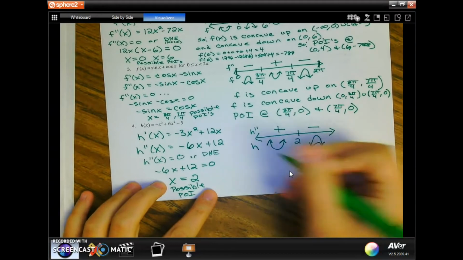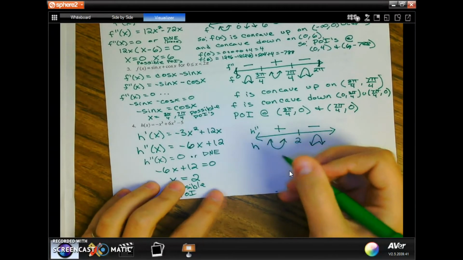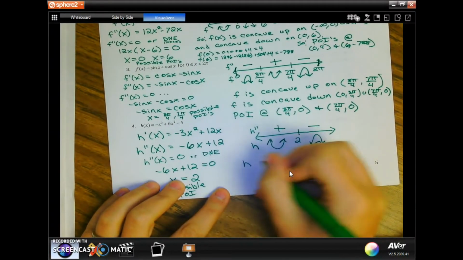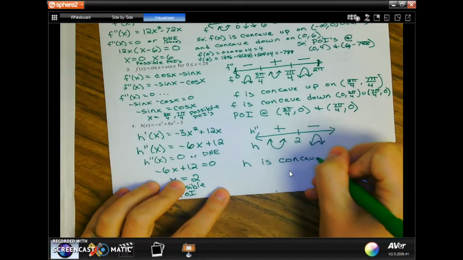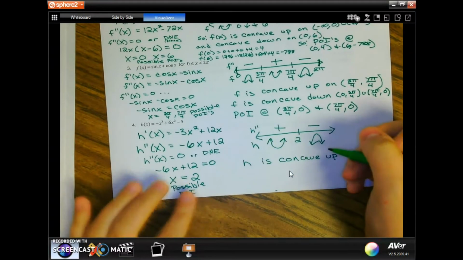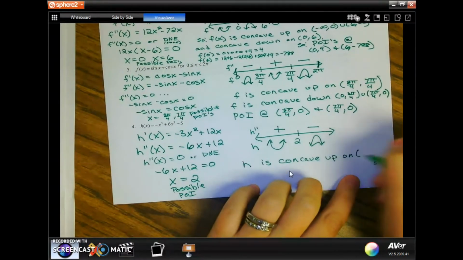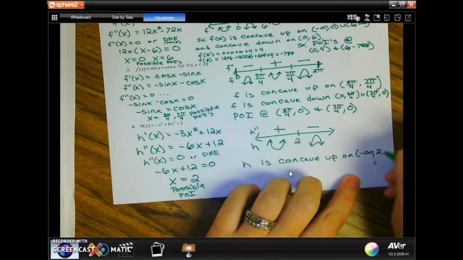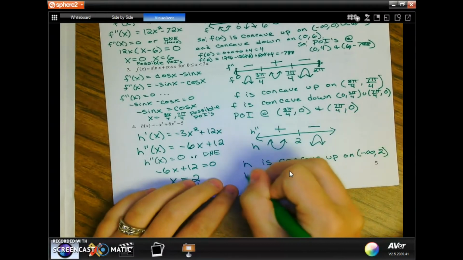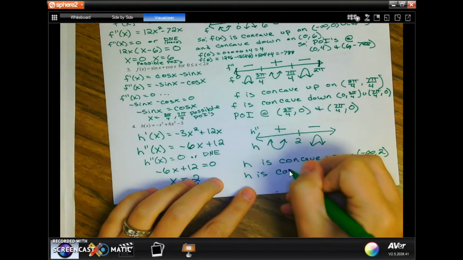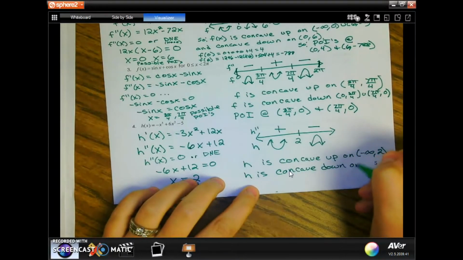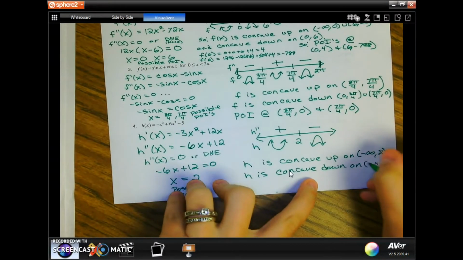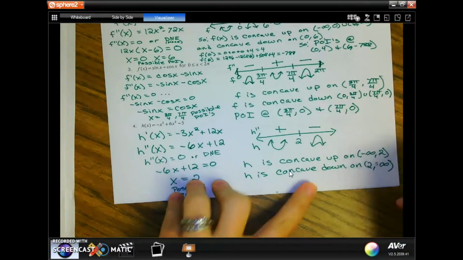And so I can say that h is concave up on the interval negative infinity to 2, and h is concave down on the interval 2 to infinity.